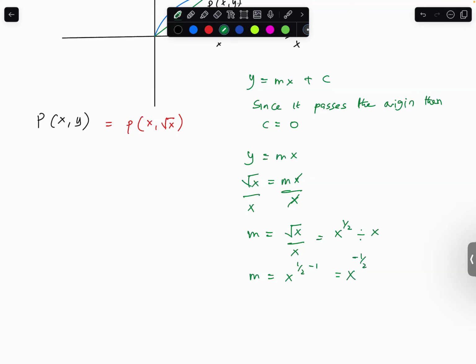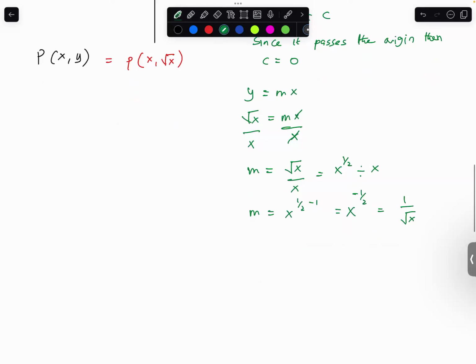That is the same thing as 1 over the square root of x. So m equals 1 over the square root of x.